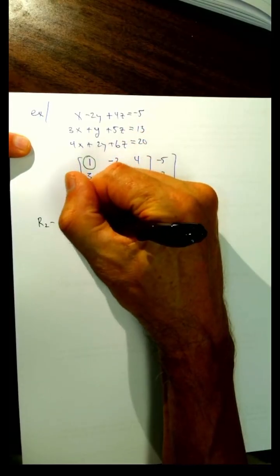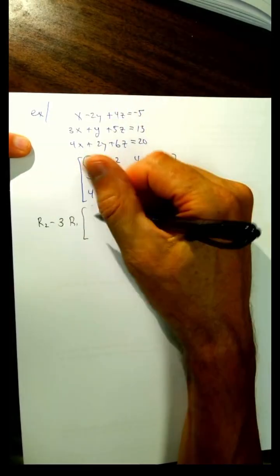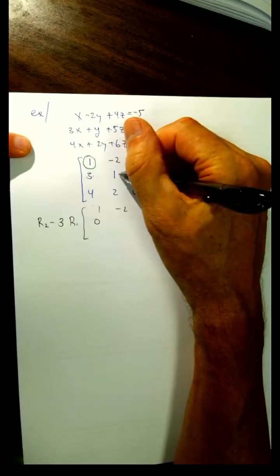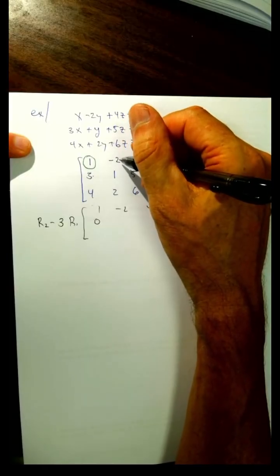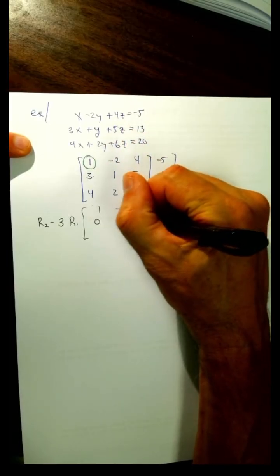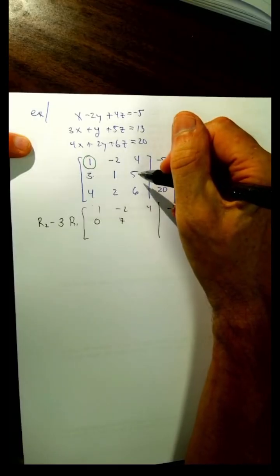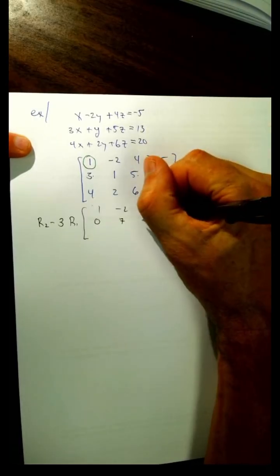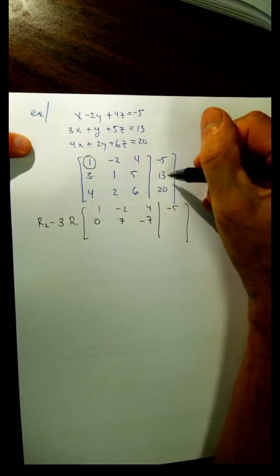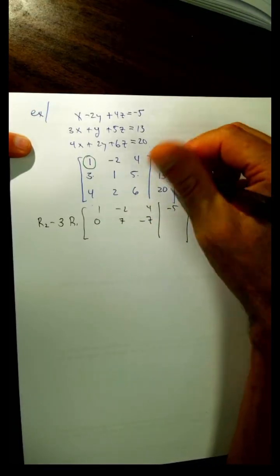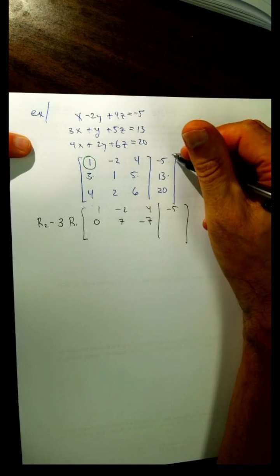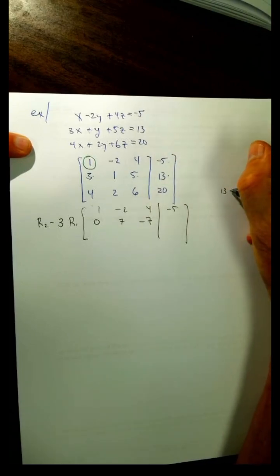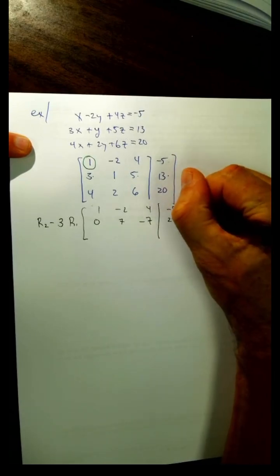So if I take 3 minus that, I'll get 3 minus 3 is 0. I'll get 1 minus a minus 2 times 3 is 7. I'll get 5 minus 12 is minus 7. Then I'll get 13 plus 15 is going to be 28.